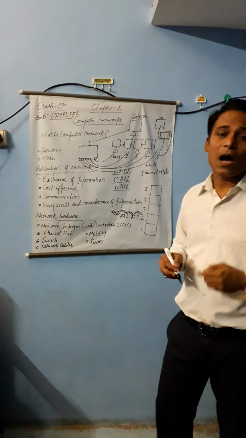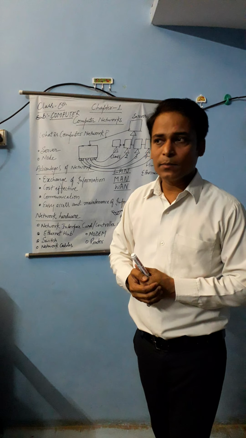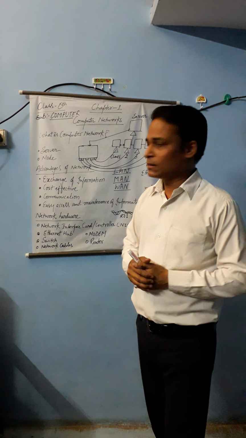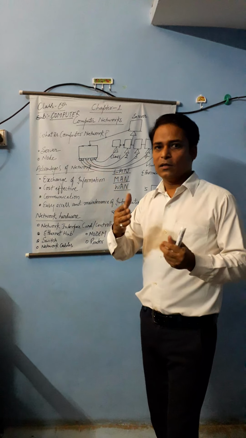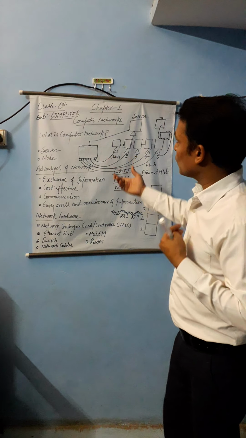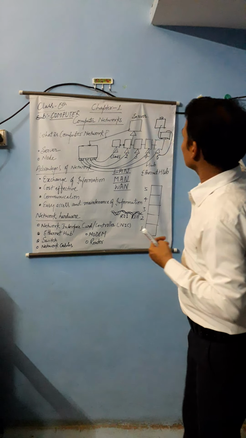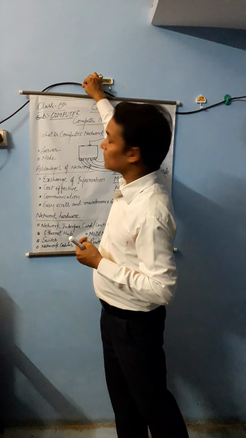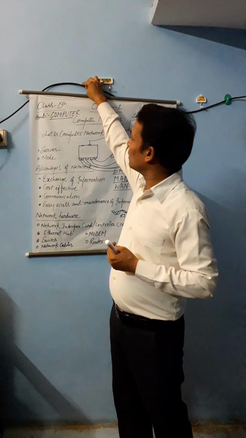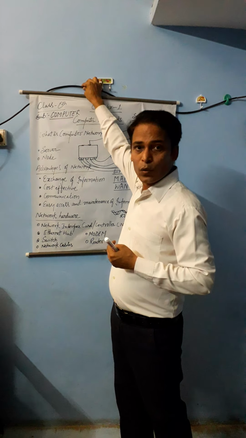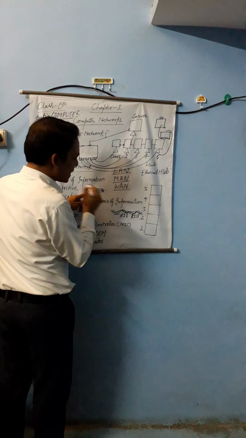But for more distance, for the longest distance, we use the coaxial cable. You can see the coaxial cable here in front of you. This is a coaxial cable. In the coaxial cable we find a main wire covered with a plastic jacket and mesh.